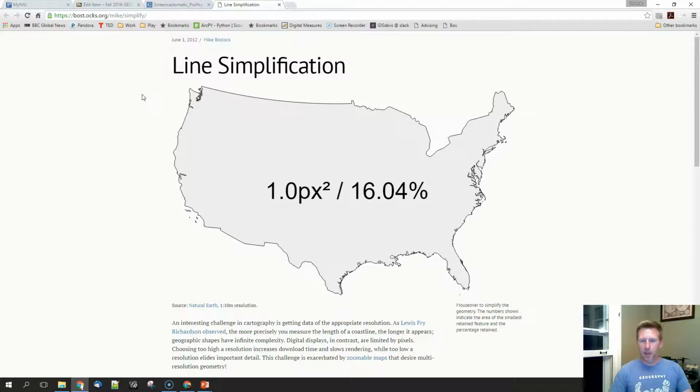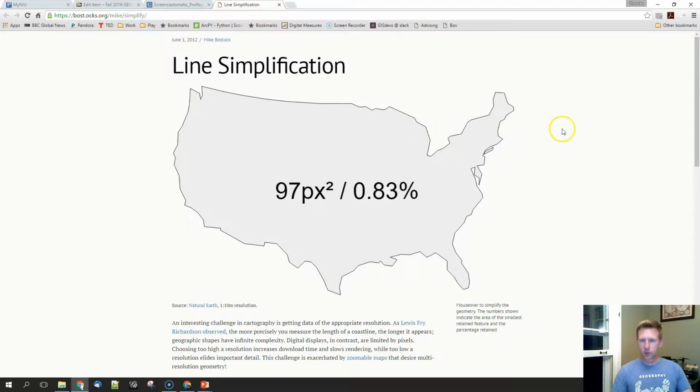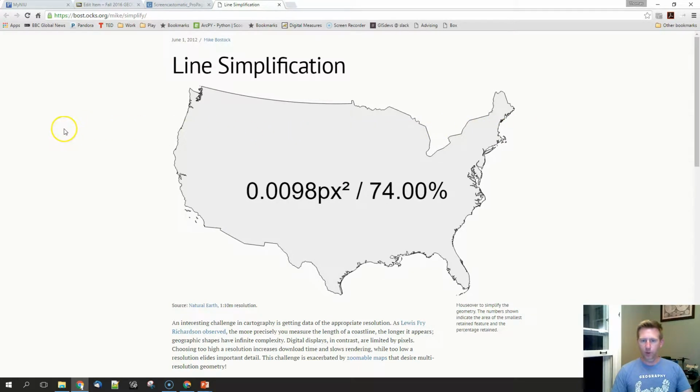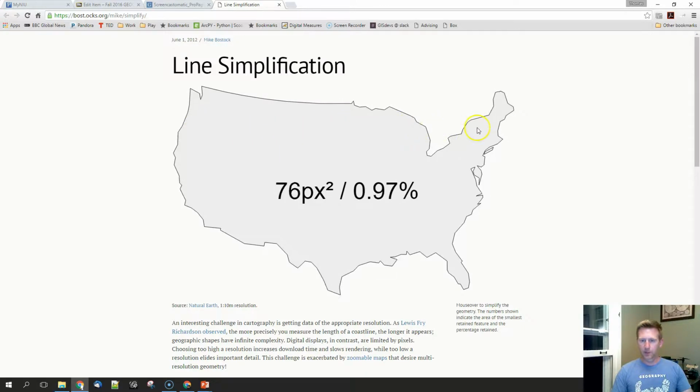In this case, we've got a map of the United States. It's telling you how many points we're using here. The data source, which we're going to be talking about here in a second, is Natural Earth. So bear that in mind. The original data set coming in at 1 to 10 million resolution. Now, the interesting thing is, as I move my slider back and forth, I'm using a certain percentage of this.